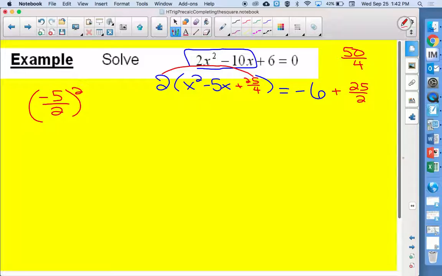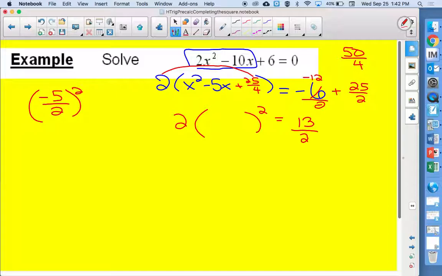Jacob, what does negative 6 become so that it has a common denominator of a 2? Negative 12. So negative 12 divided by 2 is the same thing as negative 6, but it has a common denominator, so we can add it with 25. And then the last thing, we need that quantity in the parentheses.